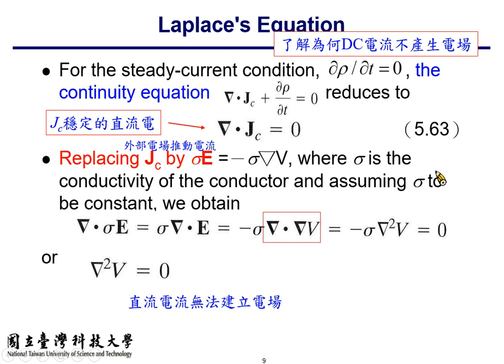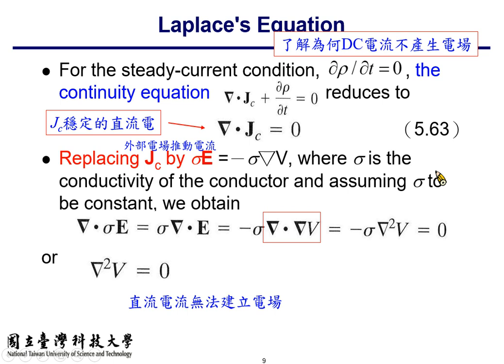For the steady current condition, that is, the time derivative of rho equals 0, the continuity equation, which specifies the relationship between the divergence of J and the time derivative of rho, equals 0.